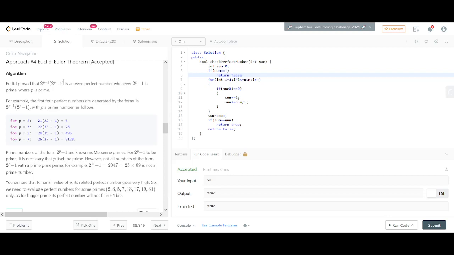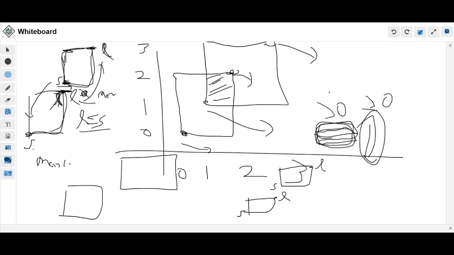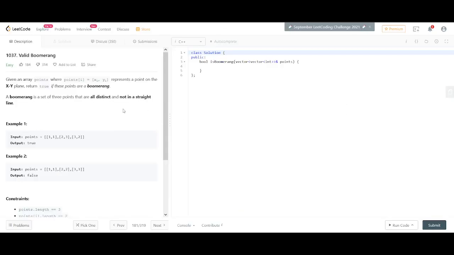The optimal solution for this question that I have coded is in order of square root of n, and that's really good. That's fine for us. So let's move to the next question, which is valid boomerang.